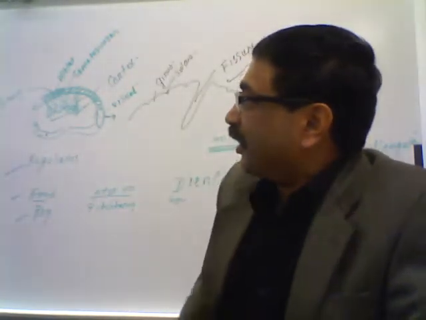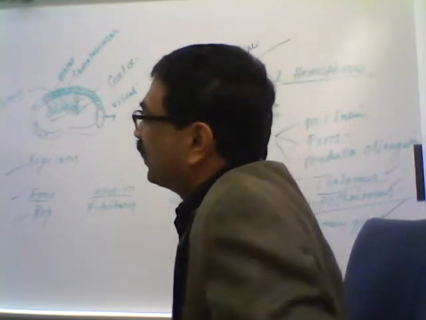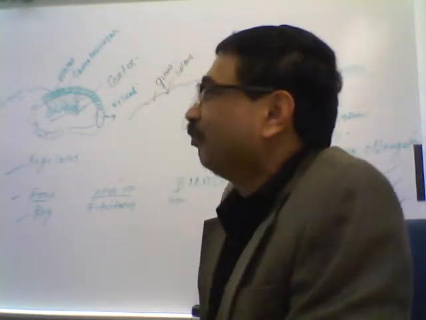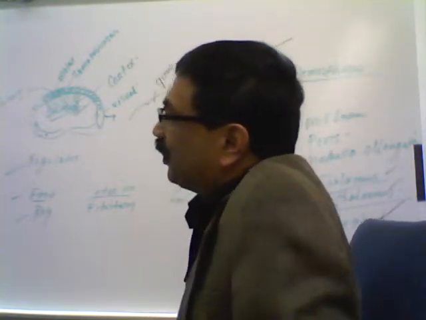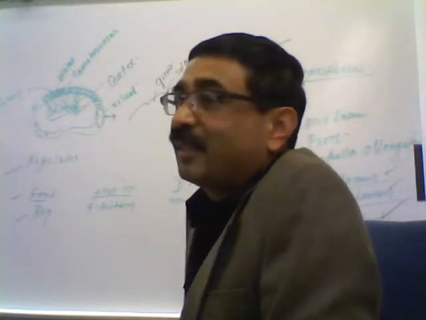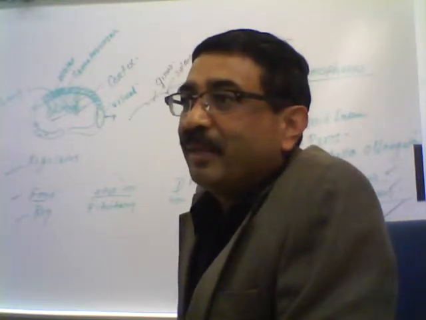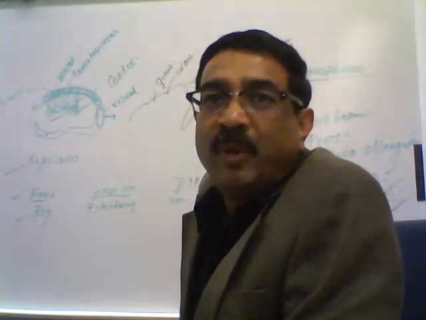I have already mentioned the precentral gyrus and postcentral gyrus, primary motor cortex and primary somatosensory cortex, right? Separated by the central sulcus. So if I ask you the question, precentral gyrus or primary motor cortex is located in which lobe, what do you think?